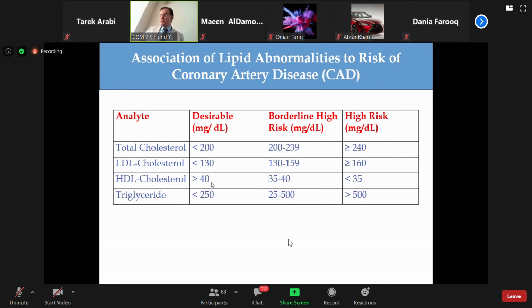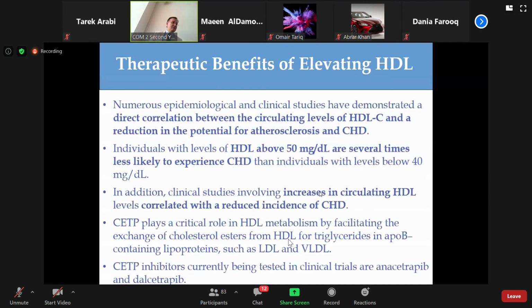We do need to retain desirable concentrations of total cholesterol of less than 200, LDL cholesterol less than 130, HDL more than 40 milligrams per deciliter, and then triglycerides less than 250. These are the desirable concentrations. And if you have concentrations other than these, then you are at high risk of developing atherosclerosis.